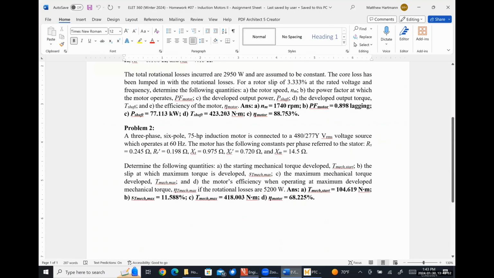Part B. For part C, we want the maximum mechanical torque.